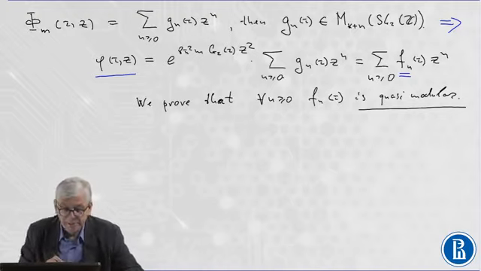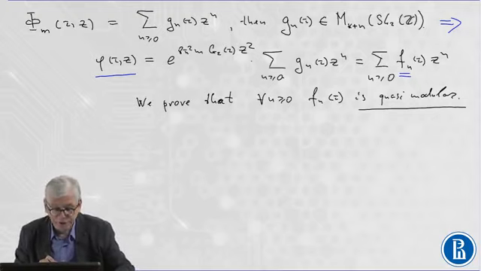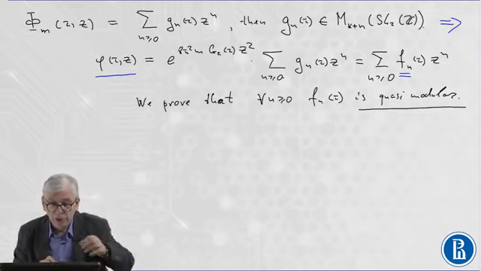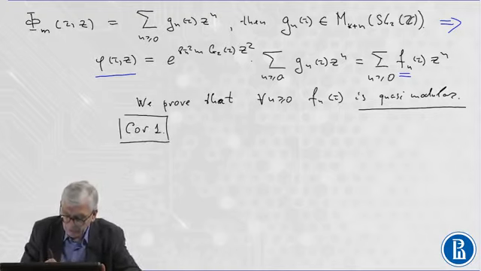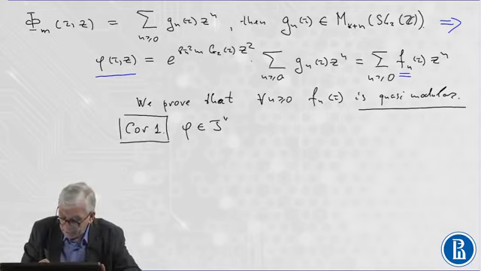Now, some corollaries from this theorem. Let me formulate the first corollary. Phi is a weak Jacobi form of weight k and index m.